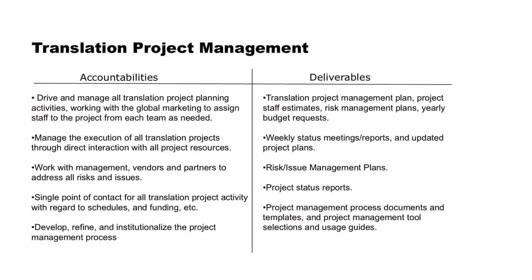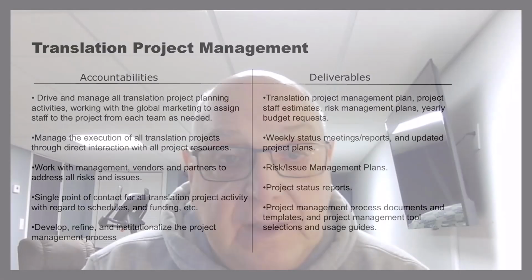This project manager will manage the execution of all translation projects through direct interaction with all project resources. They're going to be the ones managing getting those files in for translation, and also getting the files back to the people that need those translated files for their organizations. They're going to be the single point of contact for all translation project activity.